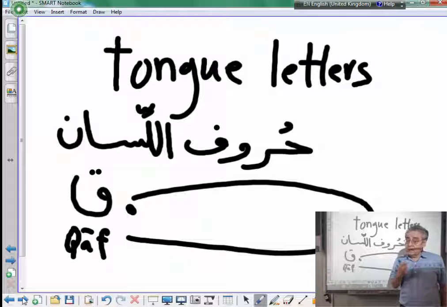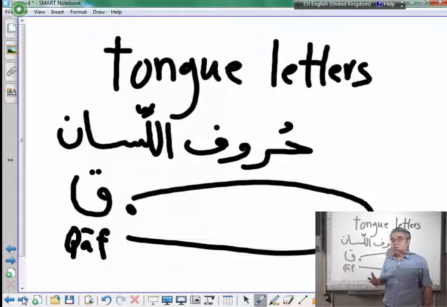Pronouncing iq requires pushing the end of the tongue a little bit up to touch the palate of your mouth, and the letter will be pronounced iq. One of the words you may be familiar with is iqra, read, iqra.